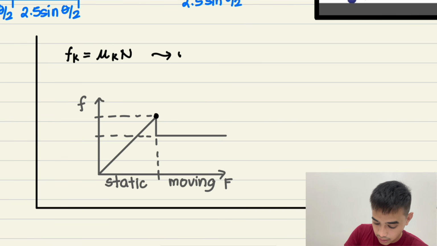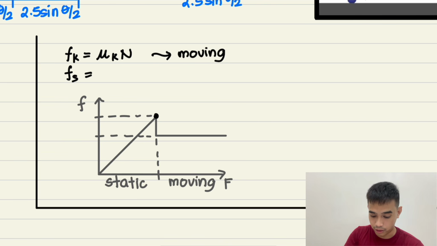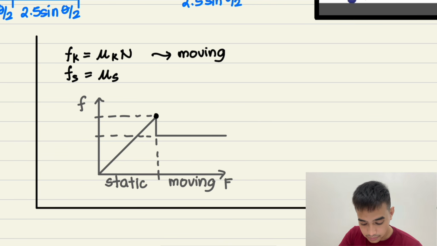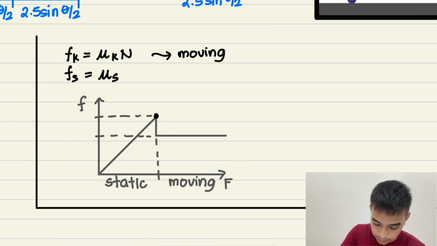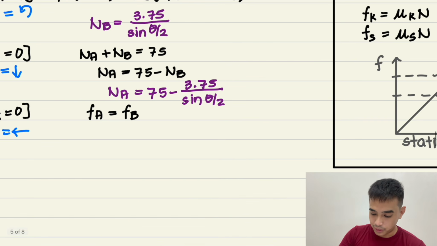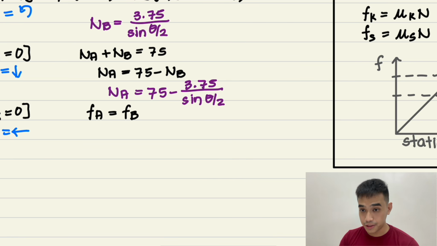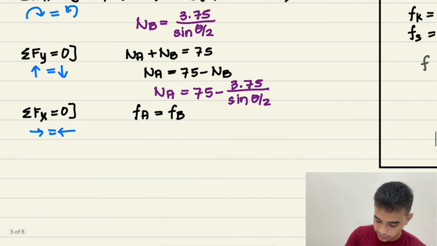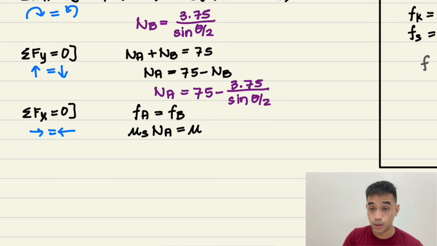While our static friction for stationary objects will be the coefficient of static friction multiplied by the normal force. We will be tempted to proceed in this manner. Since we want the ladder to stay stationary, we're tempted to use the coefficient of static friction immediately. So for FA, it will become mu S times NA, which is equal to the friction force B, which is mu S times NB.